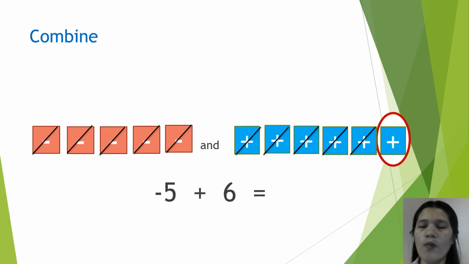We have 1 positive tile. When we combine positive and negative, it equals 0 pair, then the remaining tile will be our answer. So we cancelled pairs of positive and negative tiles. So the answer is positive.